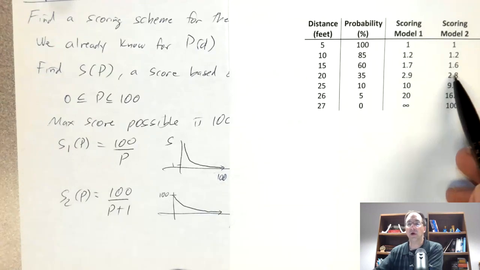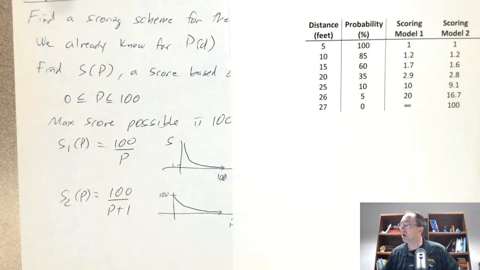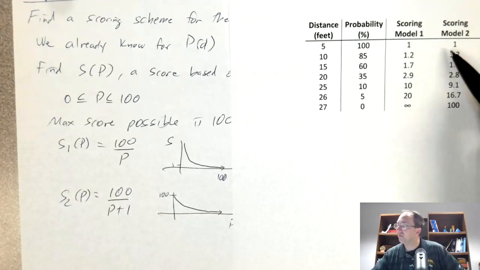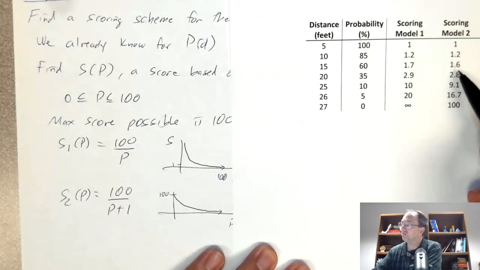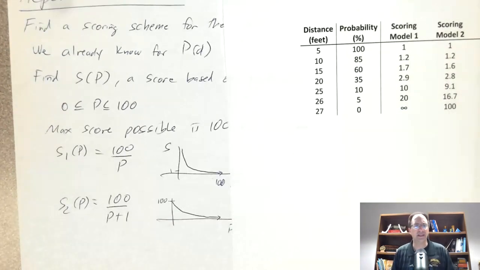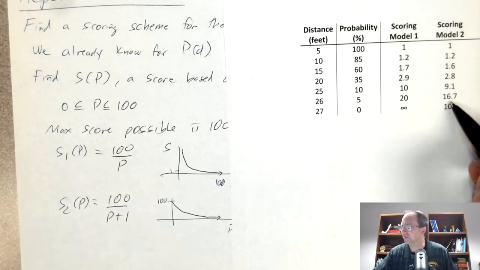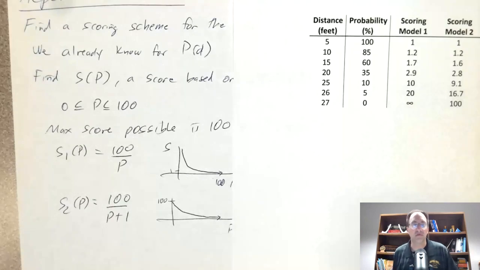And then the second scoring model, notice we cap out at 100, but there's still a problem with this model in the sense that for most distances, you're only getting a few points, and then you get a whole lot of points if you're really far away. So that doesn't seem spread out enough. It seems like all the points are based on just the last few feet. And again, there's no reward for putting more than 27 feet, but that's a separate issue.